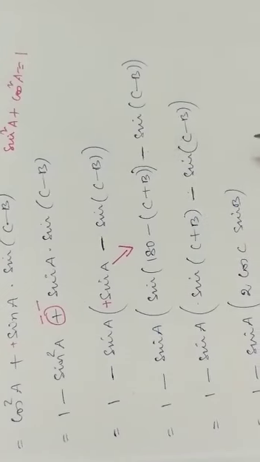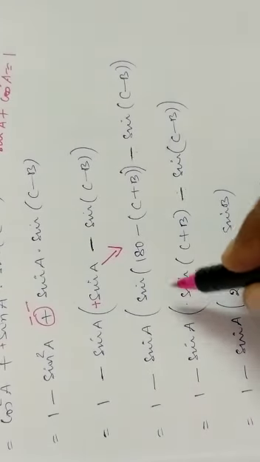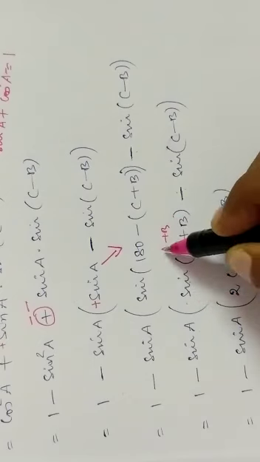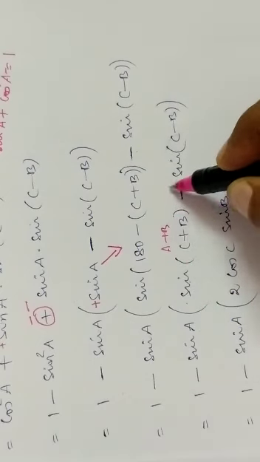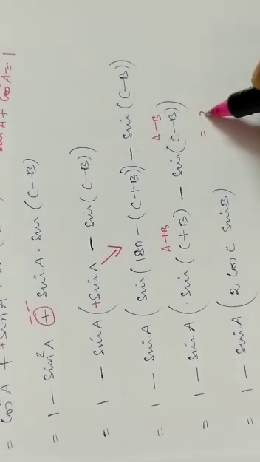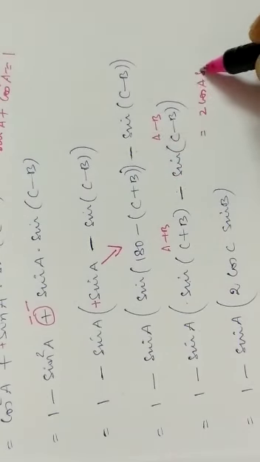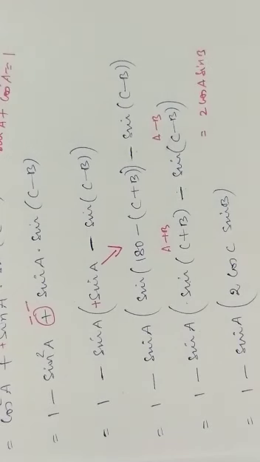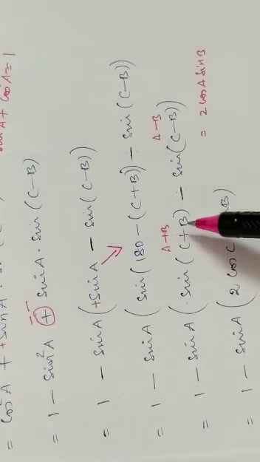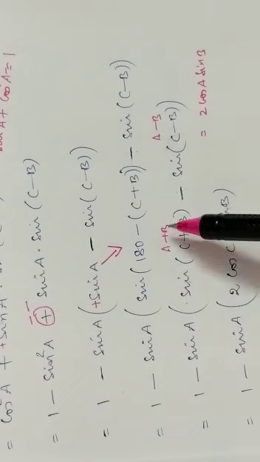If you observe, it is in the form of the direct formula sin A plus B minus sin A minus B. The formula is 2 cos A sin B. In the place of A, you have to write C. B is as it is.